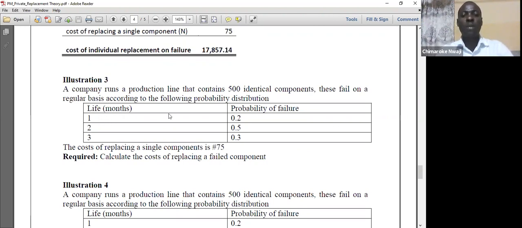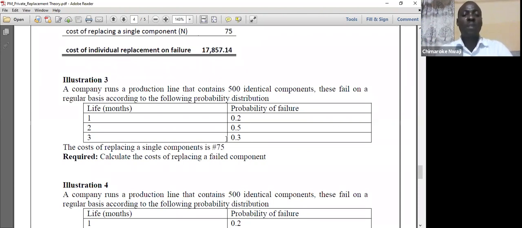For 1 month, there is a probability of 0.2 failure. For 2 months, there is a probability of 0.5 failure. And for 3 months, there's another probability of 0.3 failure.